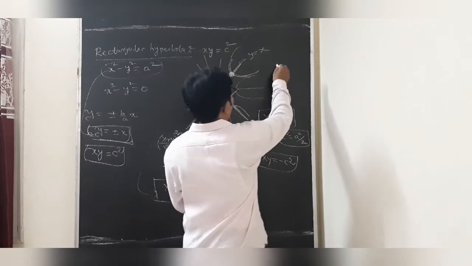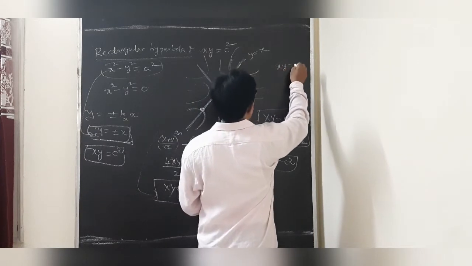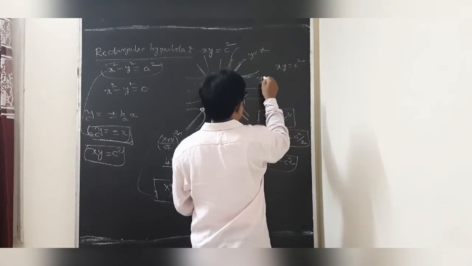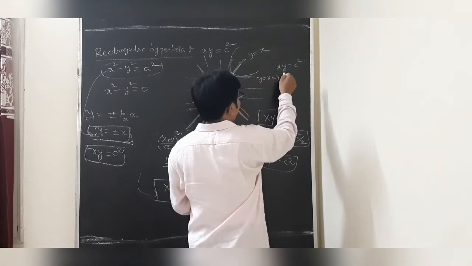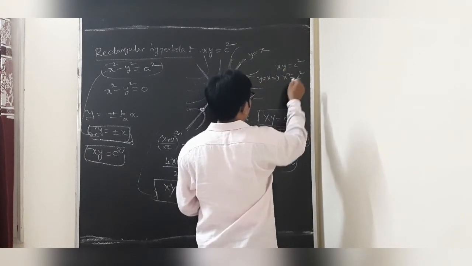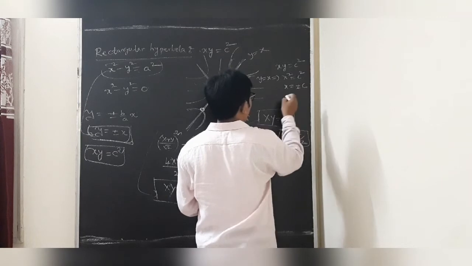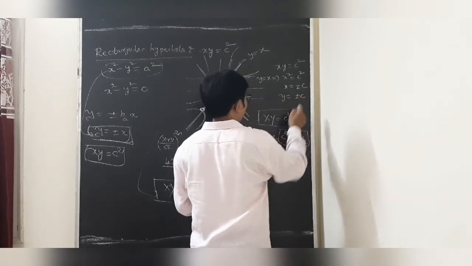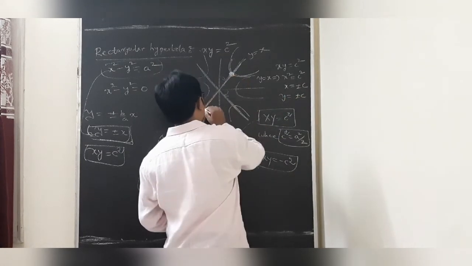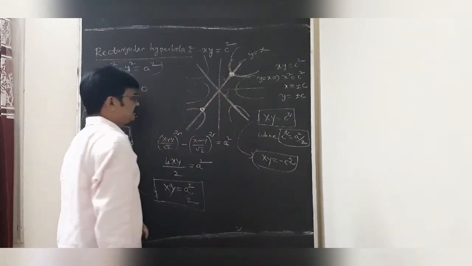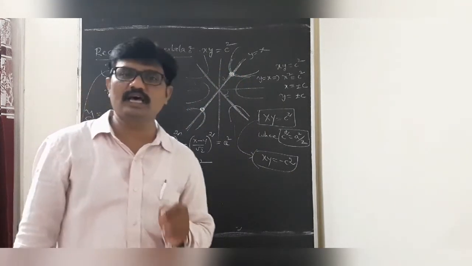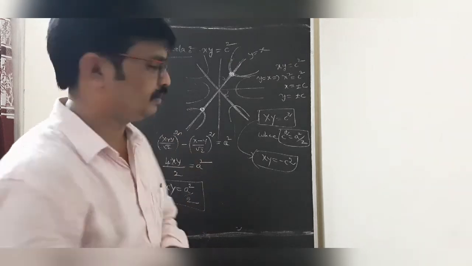My dear students, when we take xy equals c square and substitute y equals x, that is x square equals c square, x equals plus or minus c, y equals plus or minus c. So the vertices of the rectangular hyperbola are plus or minus c comma plus or minus c.